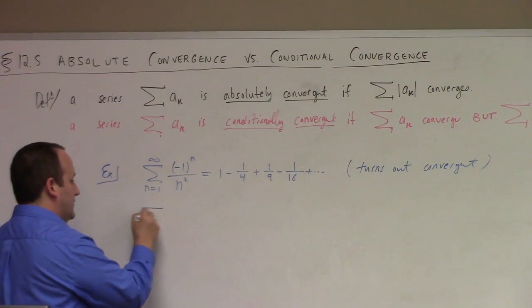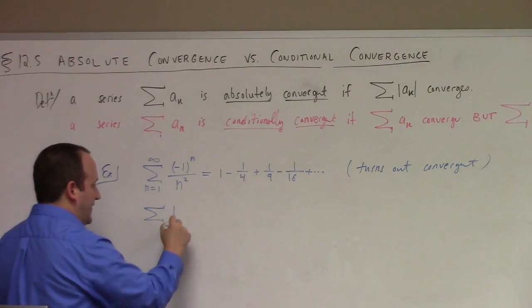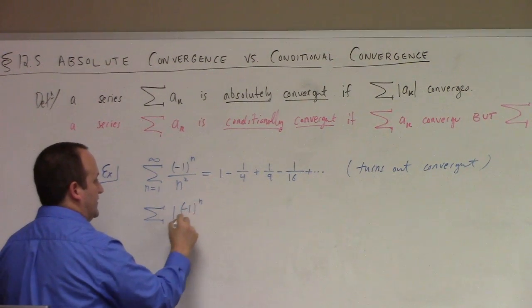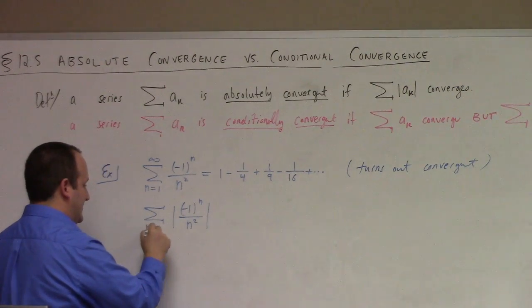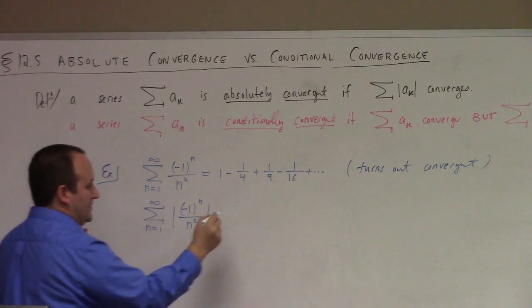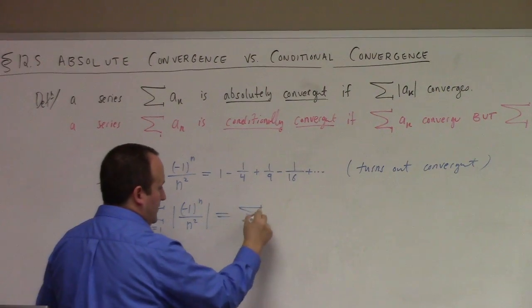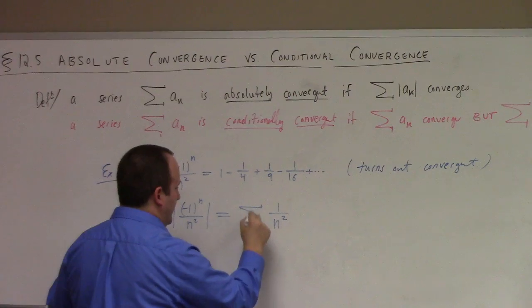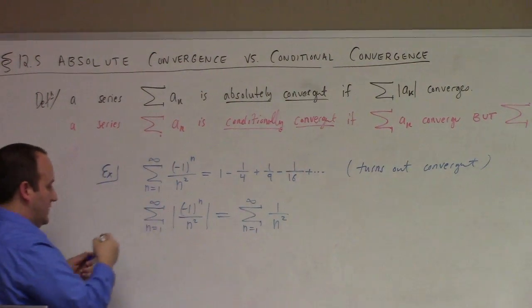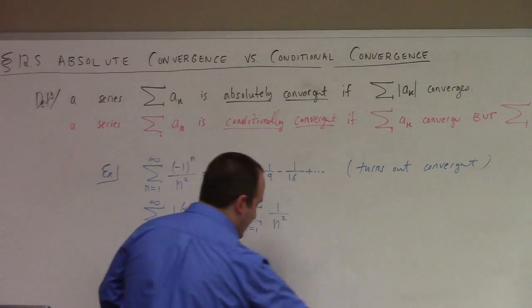And if you take the absolute value, what does absolute value do to minus 1 to the n? It's like the natural enemy of it. It just kills it. So that's just 1 over n squared. Sometimes you might hear people call this the top one, the original series.